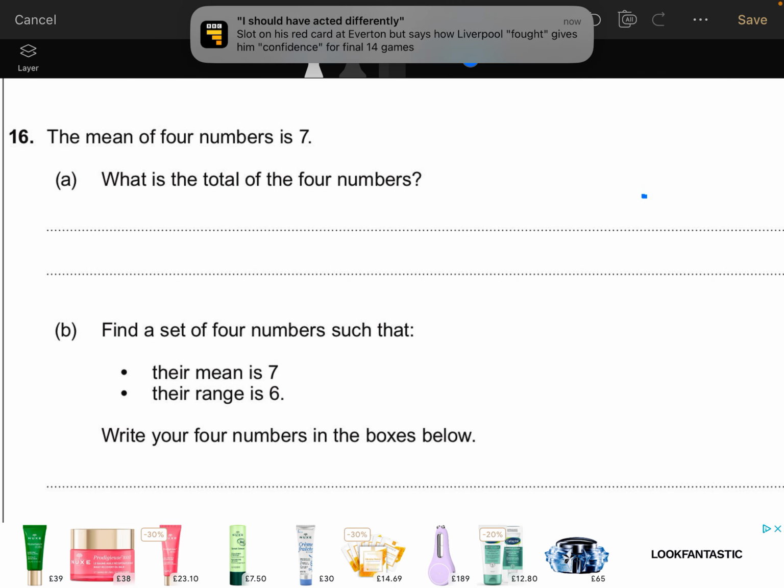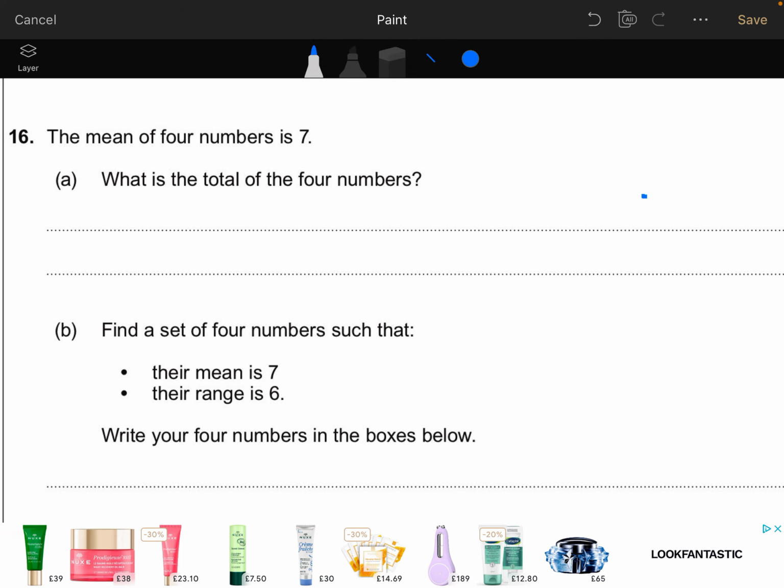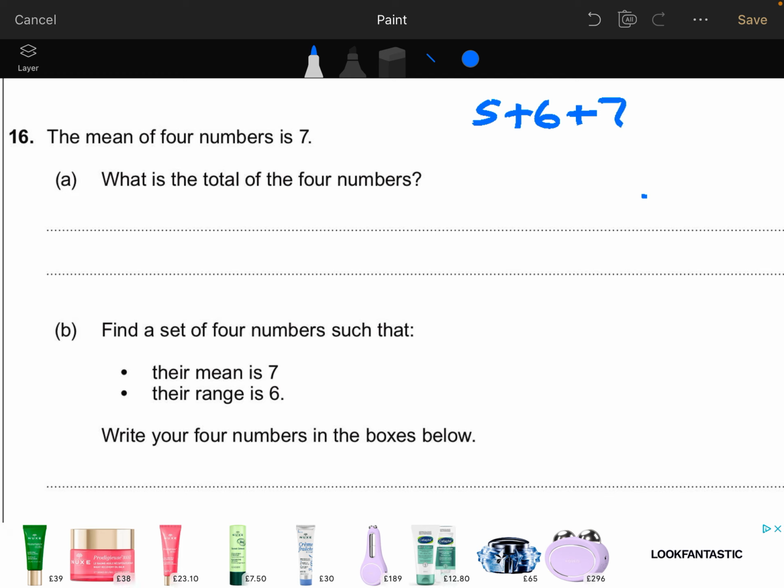Question 16. The mean of 4 numbers is 7. What is the total of the 4 numbers? So if we were working out the mean of 4 numbers, we would be adding up the values. So we would do 5 plus 6 plus 7 plus 8, and we would work out divided by 4, and it would give us the mean.